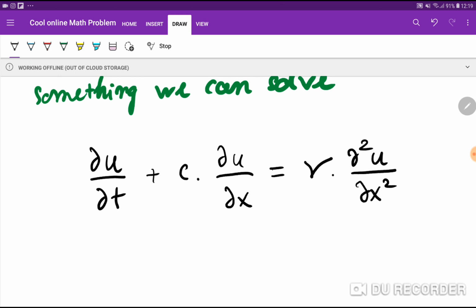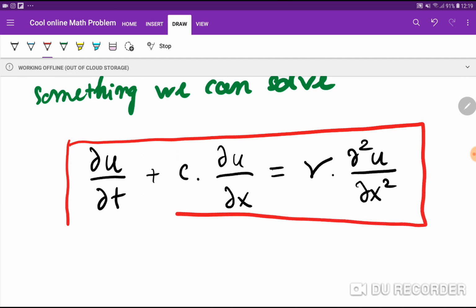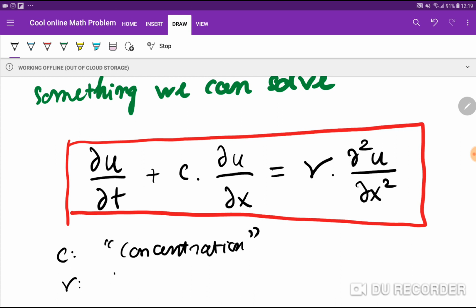This is the equation we're interested in, and to the best of my knowledge, y'all can check it in the paper. C is the concentration, and I think mu is the kinematic viscosity.